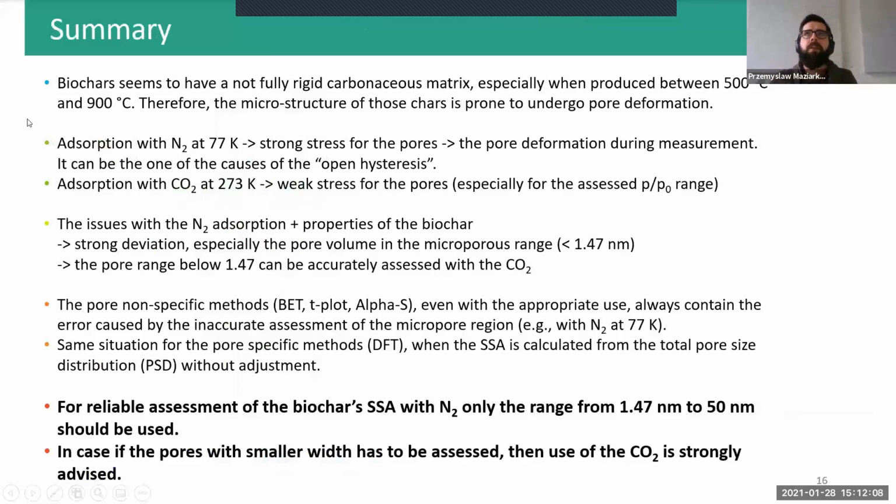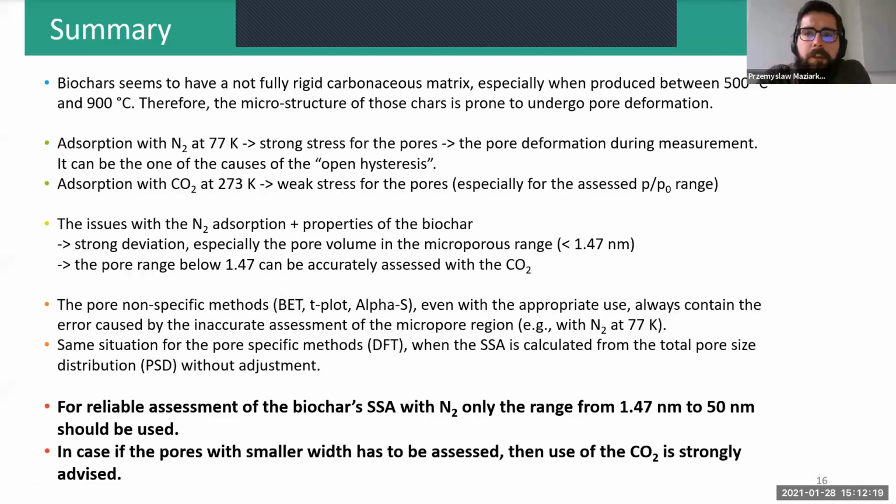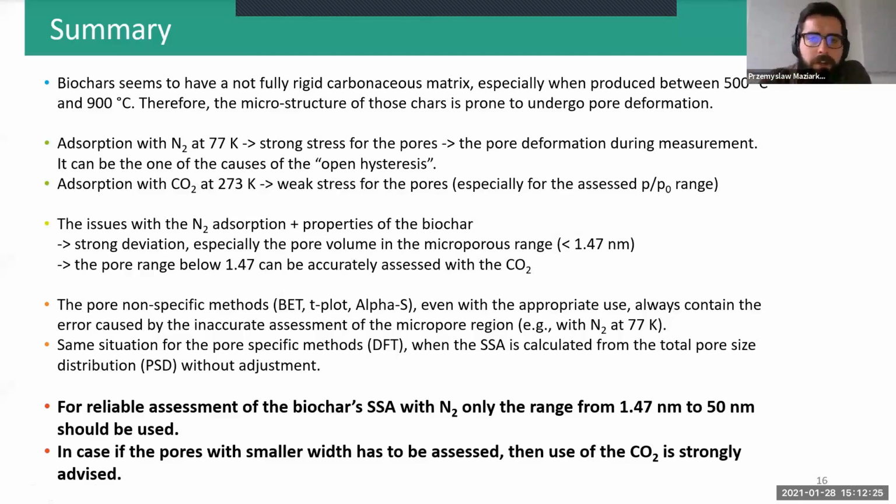So in general, we found out that biochar seems to have a not fully rigid carbonaceous matrix, especially when produced between 500 and 900 degrees. Therefore, the microstructure of those shards is prone to undergo deformation, especially when the stress by the adsorption is induced.